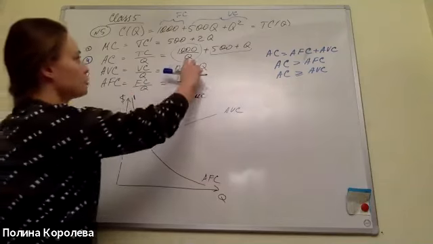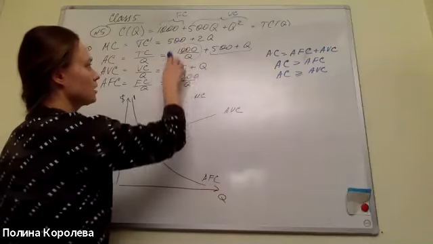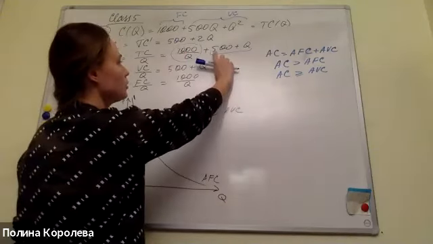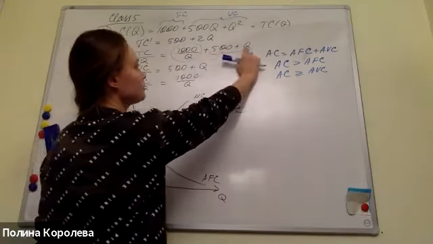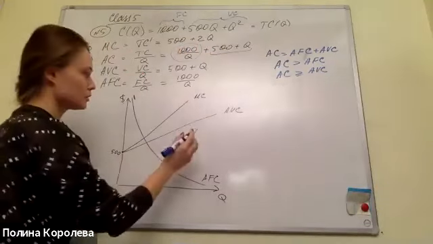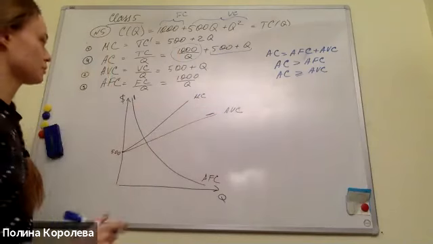Then, if quantity is very big, almost infinity, the hyperbola will be equal to 0 in the limit, and we will have a linear function plus something positive. So it will be here, above average variable cost.